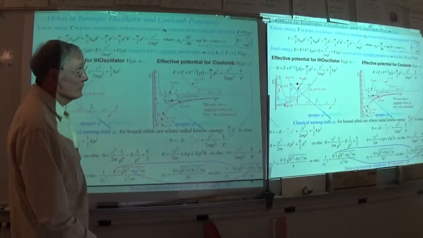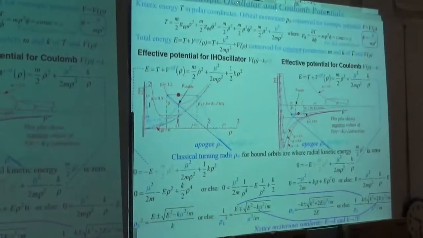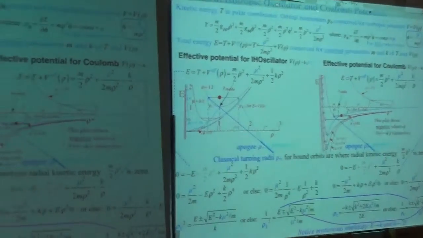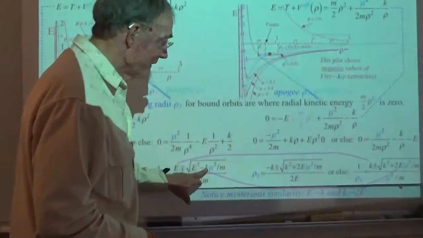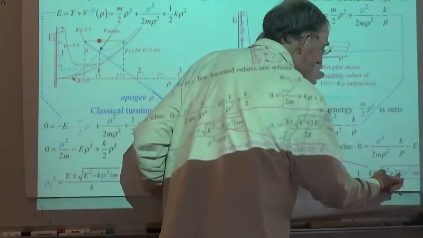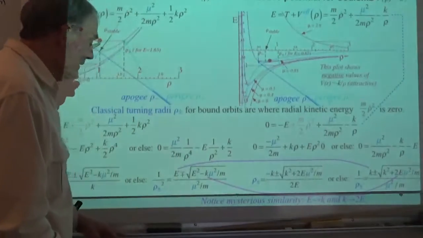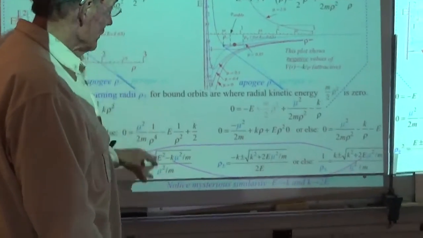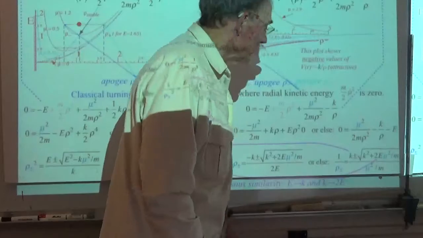So what I'm wanting you to notice is a mysterious similarity. A similarity which sometimes does a plus sign, sometimes does a minus sign, but basically you're replacing the K here with 2E here. So wherever you see a K on this side of the world, that's the oscillator side, you replace it with 2E over there.